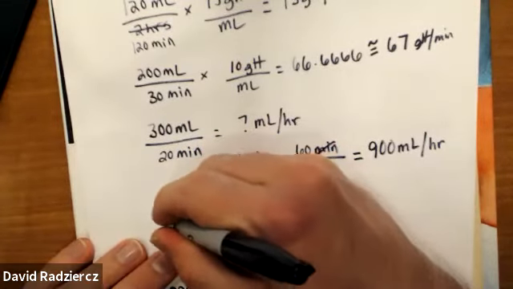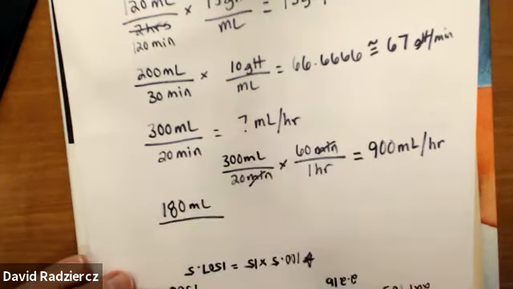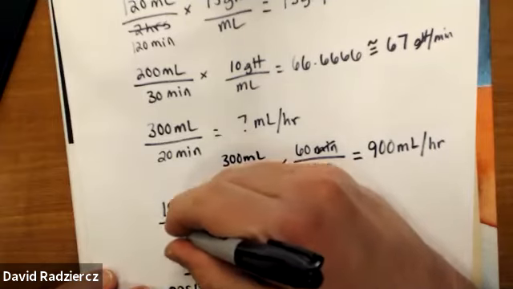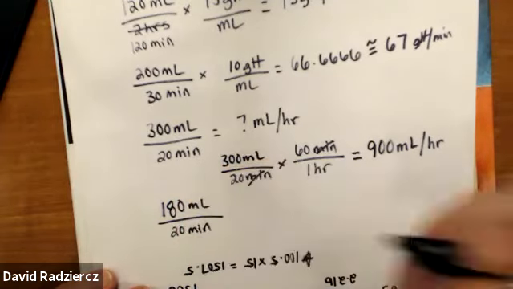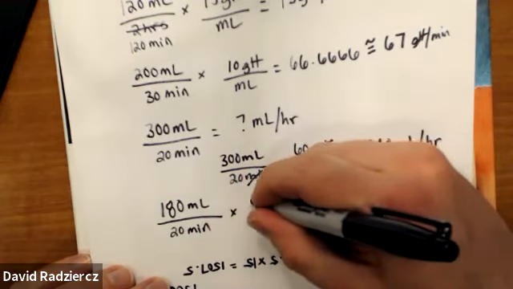So let's say 180 milliliters, and let's say 20 minutes. And we have a drop rate factor of, let's say, 20.